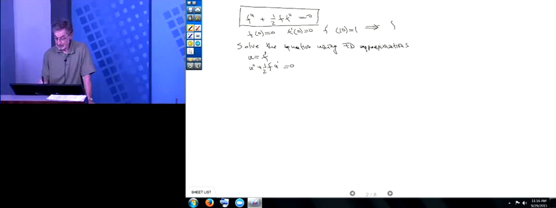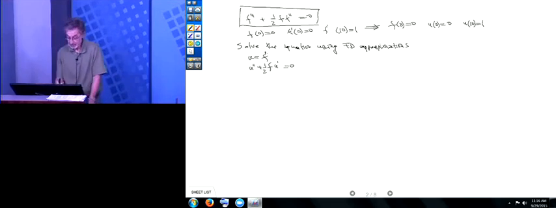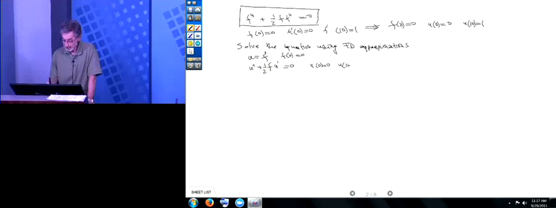This will still be f of 0 is equal to 0, but then we have u of 0 is equal to 0, and u of 10 is equal to 1. So this equation we solve with f of 0 is equal to 0, and this equation we solve with u of 0 is equal to 0, and u of 10 is equal to 1.